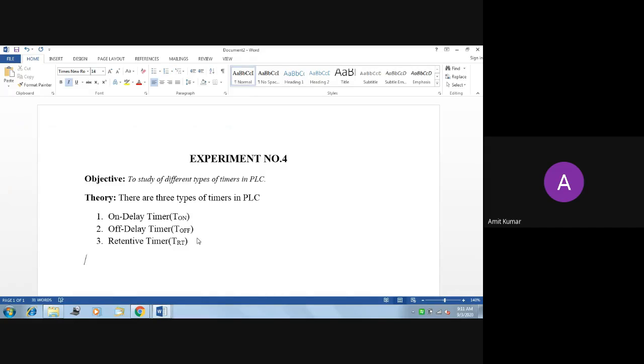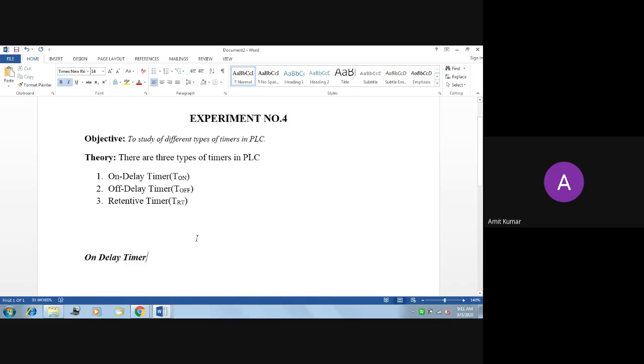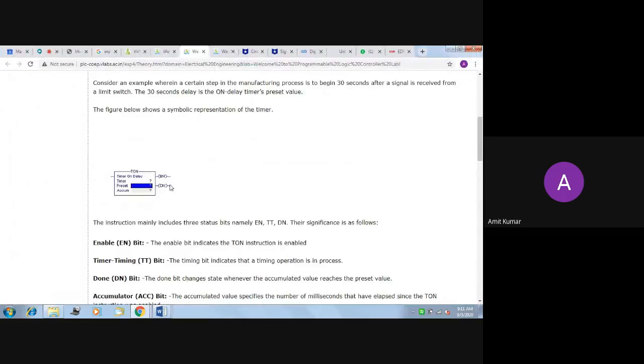So first we will start with the on delay timer. Its symbol is this one.